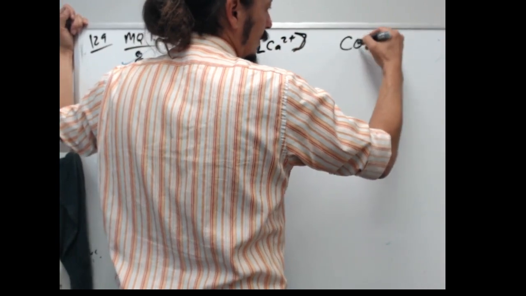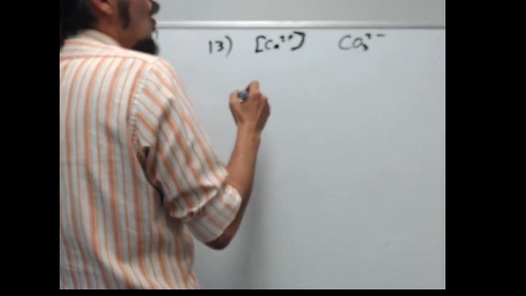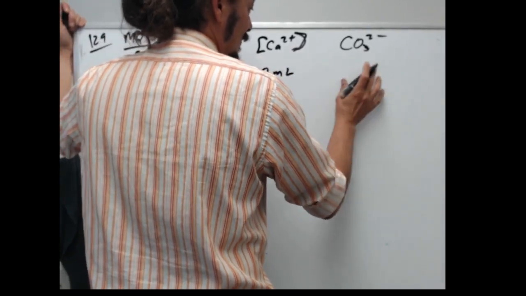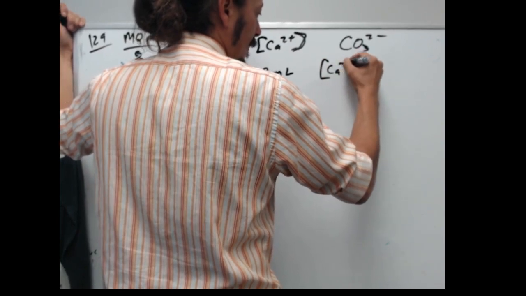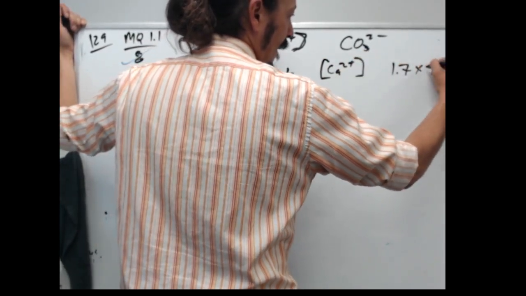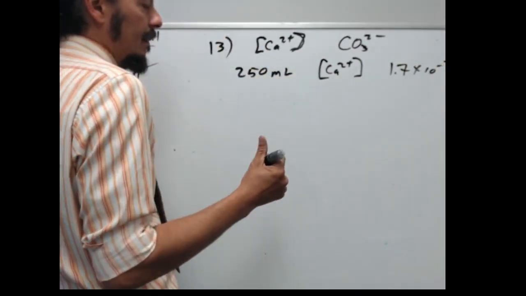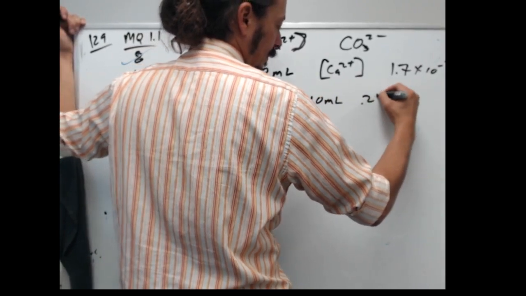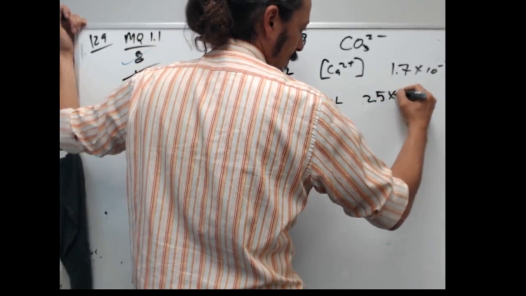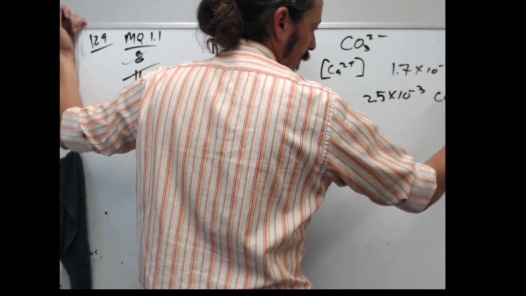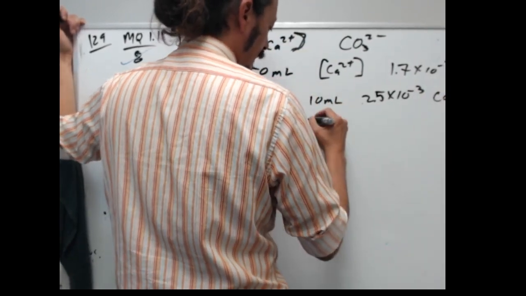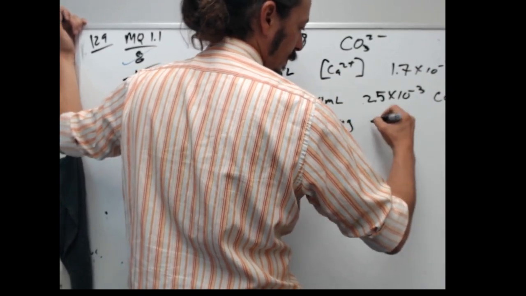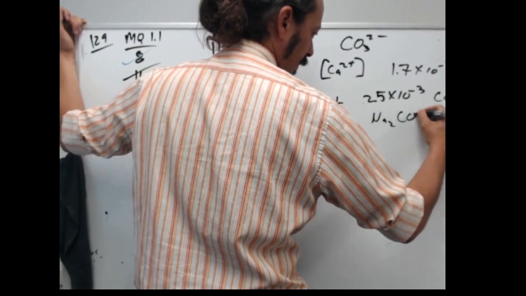Will a precipitate of calcium carbonate form if a 250 milliliter sample of hard water containing a calcium concentration of 1.7 times 10 to the power of negative 3 M is treated with the following: A, 0.10 milliliters of 2.5 times 10 to the power of negative 3 M sodium carbonate, and B, 0.026 milligrams of solid sodium carbonate. And then the answer is yes or no.